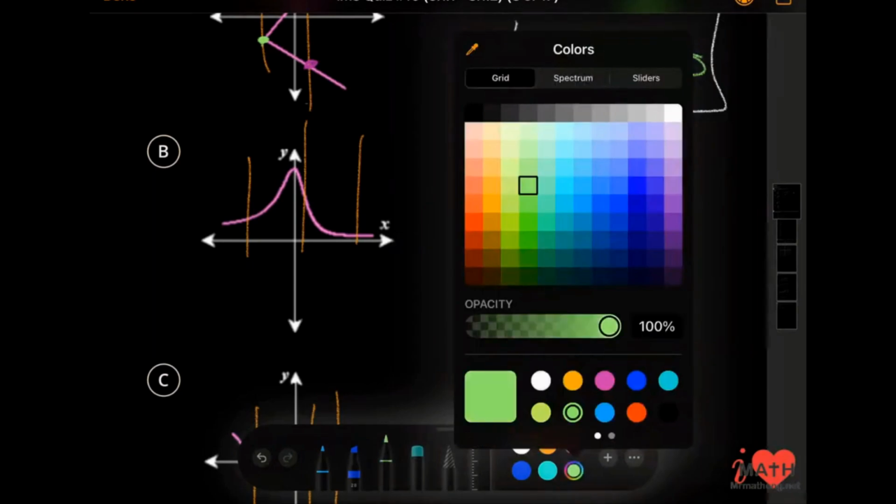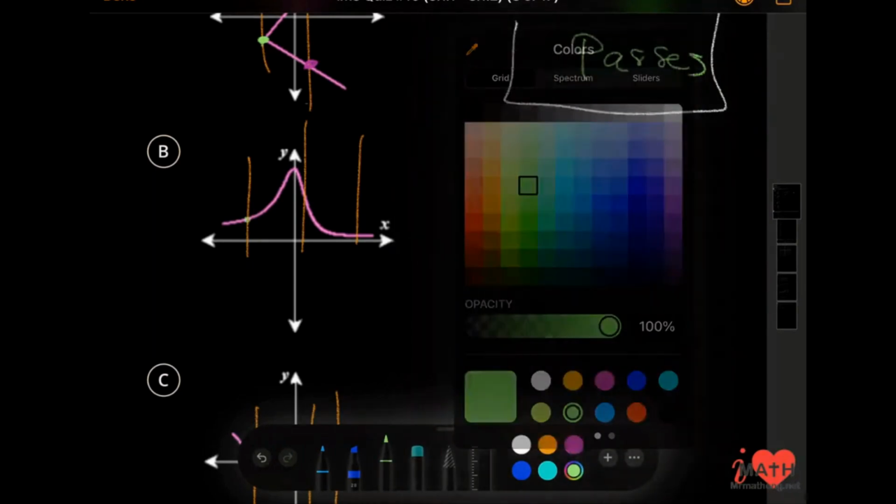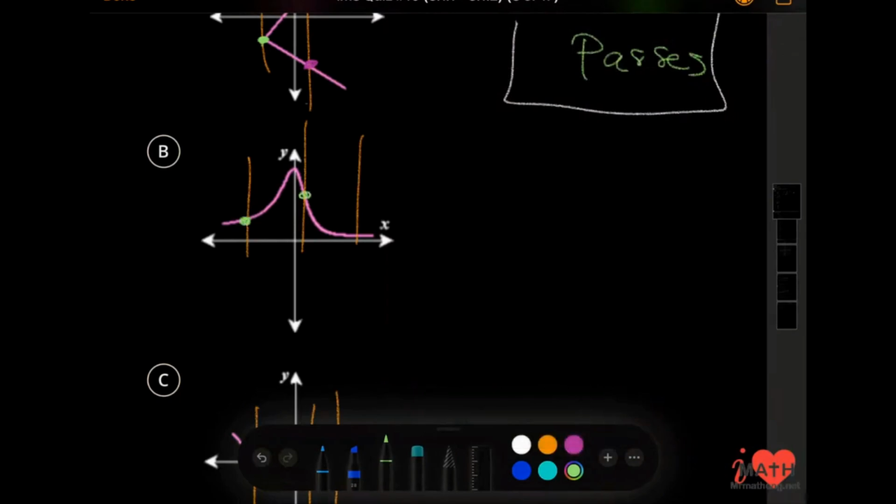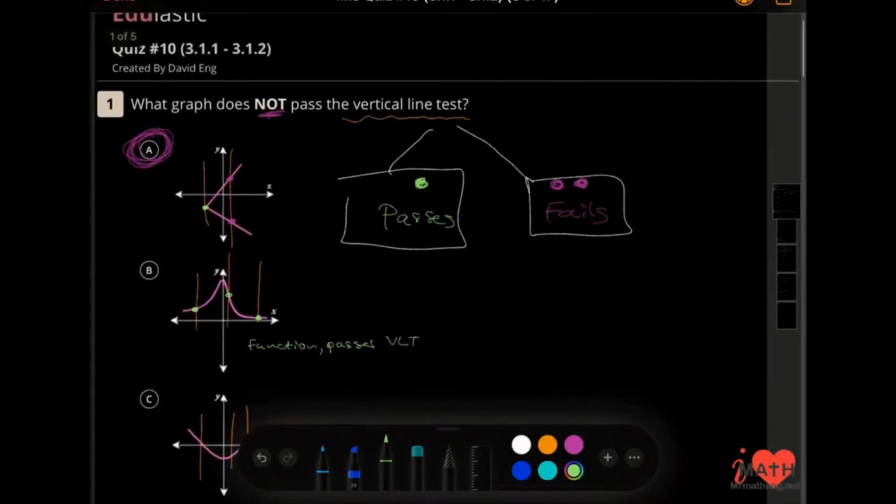I'm showing kind of green for passing or go. This works. Do you see how my vertical line is intersecting or passing through the graph? That one passes. So if this is a function, because it passes the vertical line test, we're again looking for ones that are not. So it's not going to be this one.